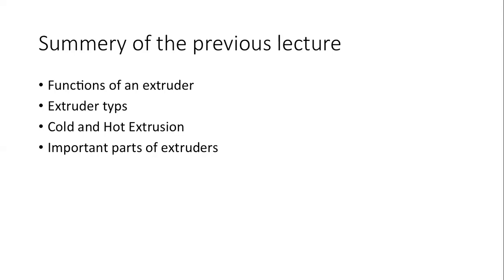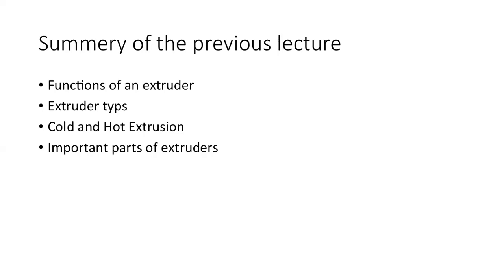Hopefully, we can go ahead with this general knowledge, and at the end of the day, we can design an extruder and develop our own food products also. The important parts of an extruder are very important.